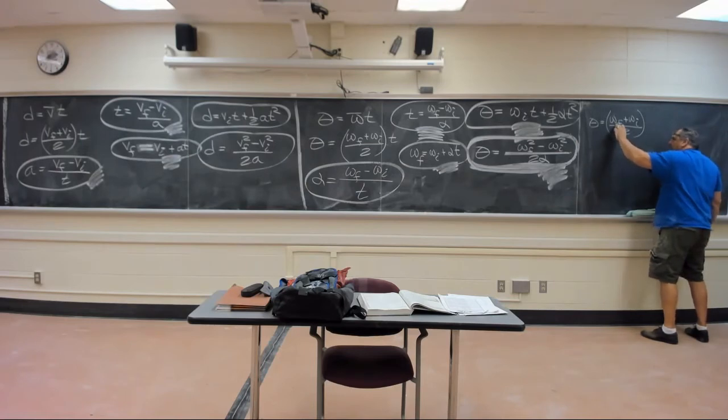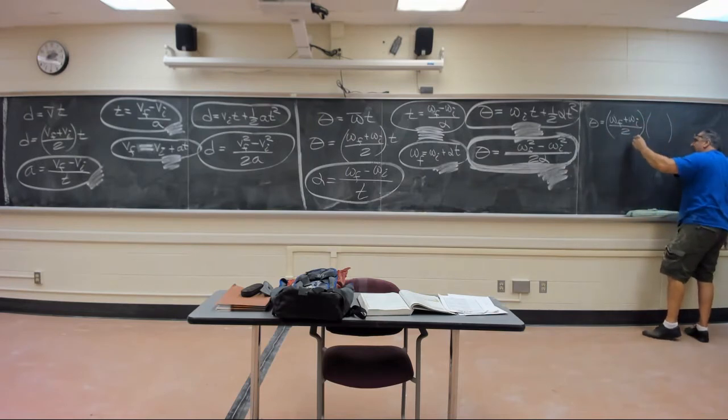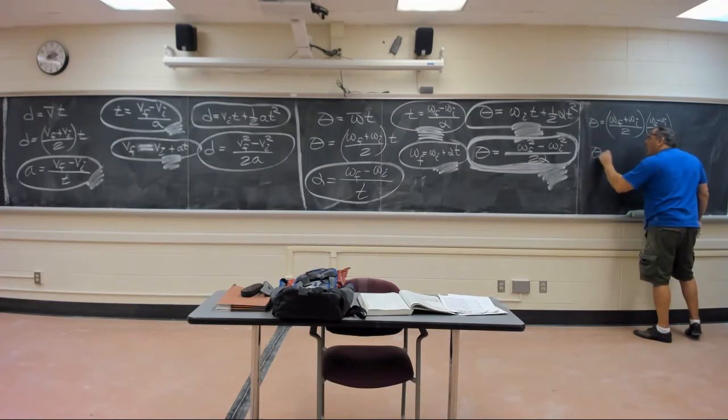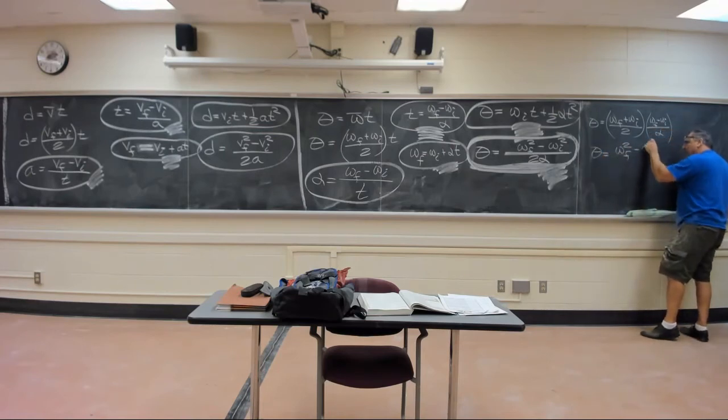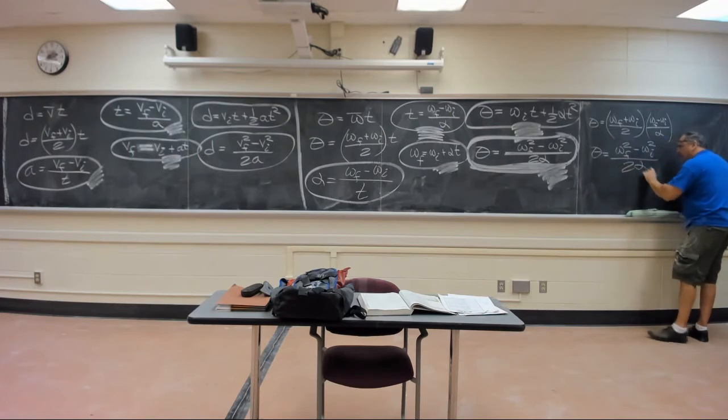If it's constant acceleration, omega f plus omega i added together divided by 2 is the average velocity. The time t is given by omega f minus omega i divided by alpha. When we do it, we get omega f squared minus omega i squared divided by 2 alpha.